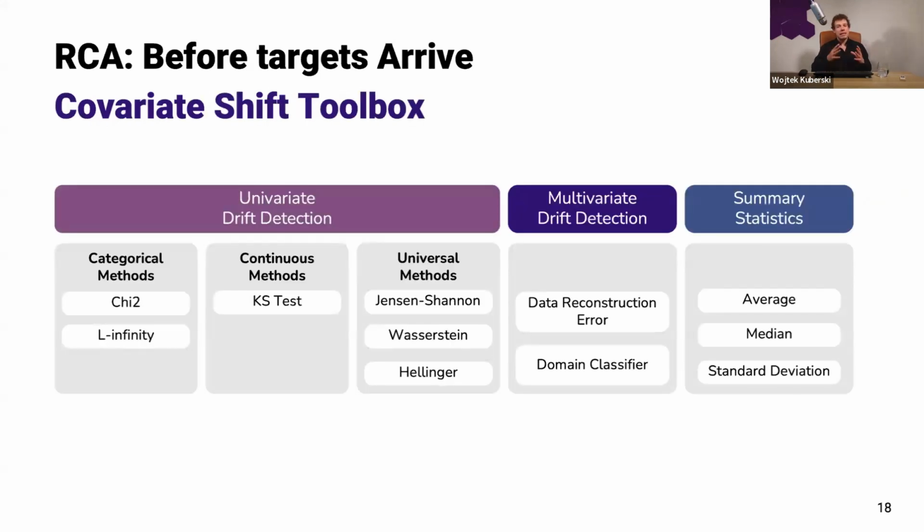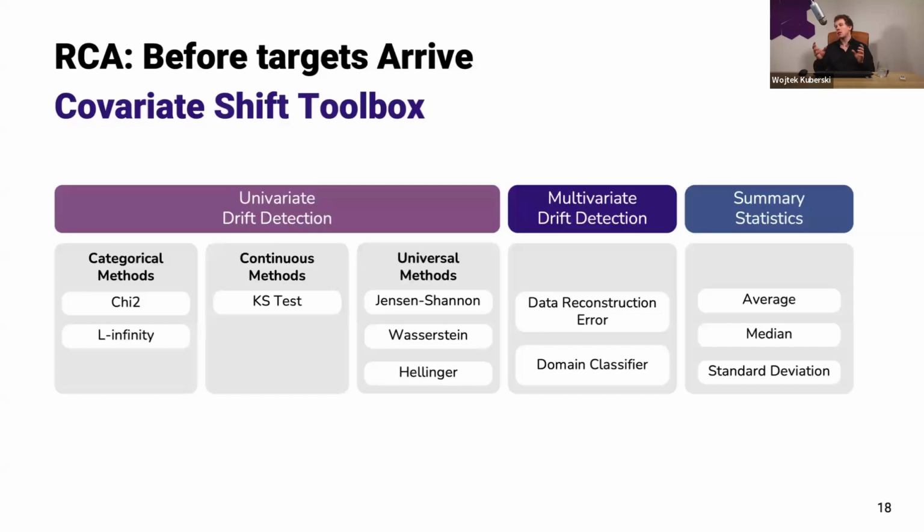Now, let's say we have an issue and we detected a drop in performance. What do we do? We look at our covariance shift toolbox, which is all the algorithms and methods we can use to figure out what is going on with our data and how our model inputs are changing. Let's delve deeper here. We have two types of detection.